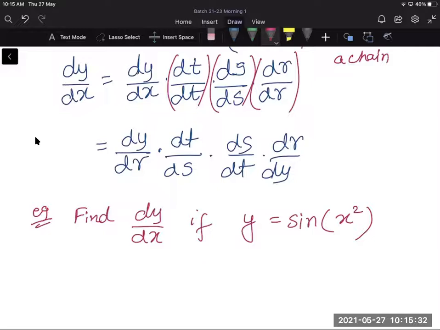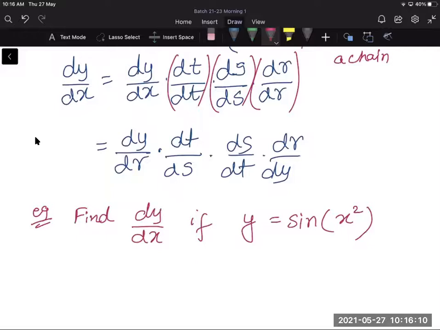The differentiation of y equal to x square exists, and of y equal to sine x exists. But y equal to sine of x square does not exist in our standard table of results. And this cannot be solved by using the product rule or the quotient rule or any other rule that we have learned. So as of pre-chain rule, this is unsolvable.